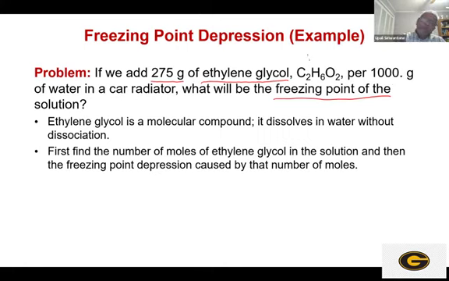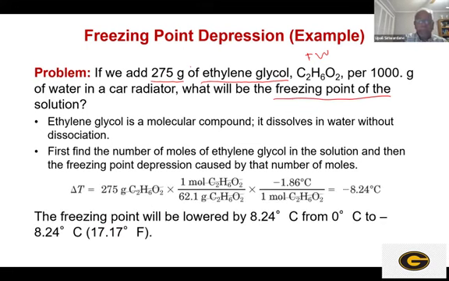You get the formula weight of the ethylene glycol, 275 divided by formula mass of ethylene glycol. That's grams divided by formula weight. You get the number of moles of ethylene glycol.